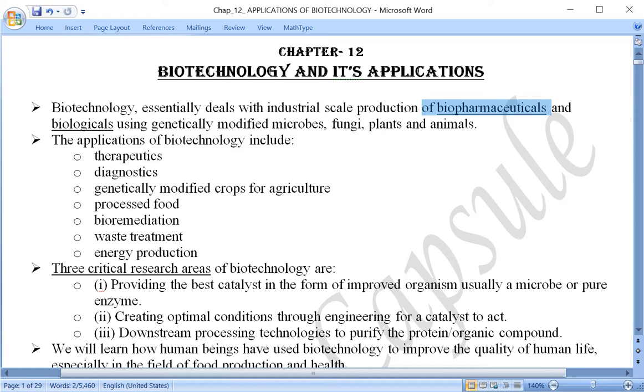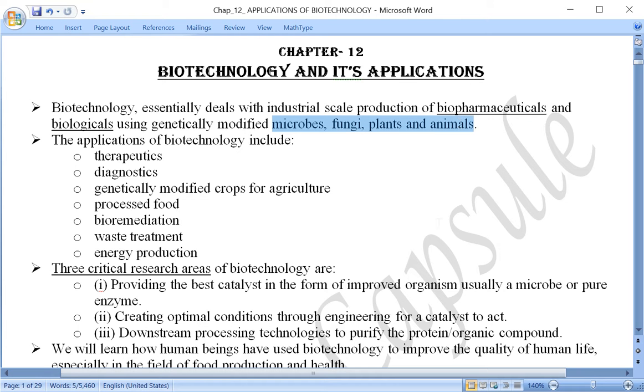biopharmaceuticals. This is related to medicinal companies, pharmaceuticals, and also some biologicals, by use of GMOs, that is genetically modified organisms. Some of them are microorganisms, fungi, plants, and in some cases even animals.